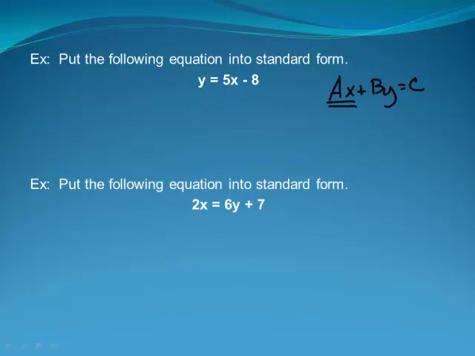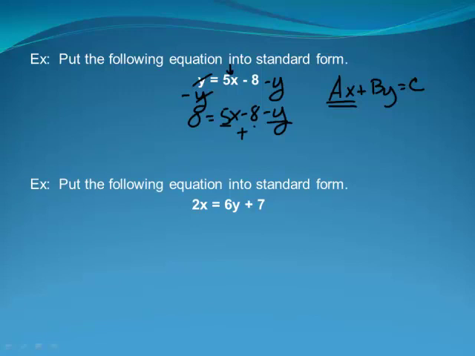So notice that my 5 is positive with my x term on the right-hand side. So I'm going to put x and y on the right and my constant on the left initially. So I'm going to move my y. I'm going to subtract y. That gives me 0 is equal to 5x minus 8 minus y. Now notice I have my x and y on one side.